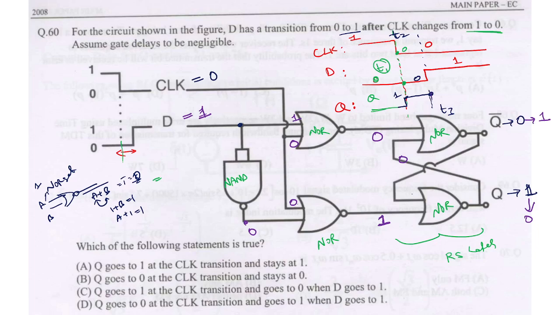So here the Q will fall back to 0. So what will be the right answer? Q goes to 1 at the clock transition and falls to 0 when D goes to 1. So option C could be the right answer.